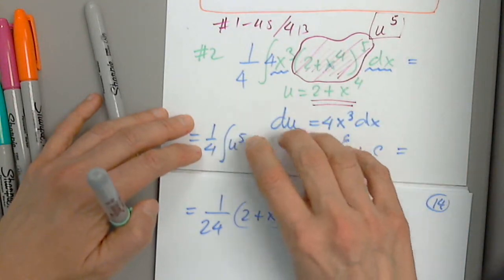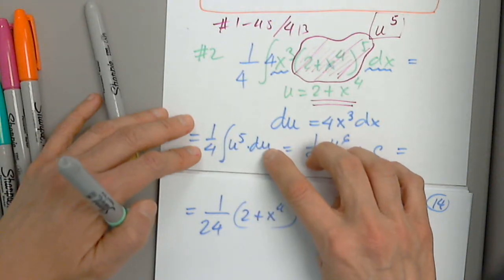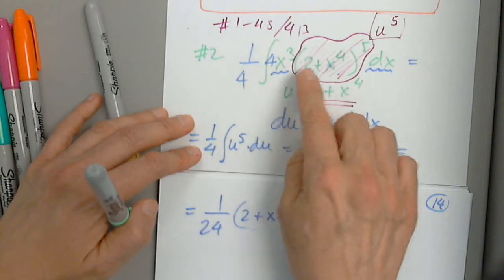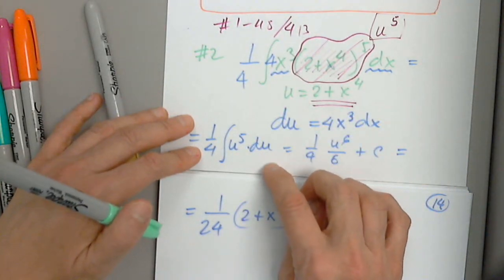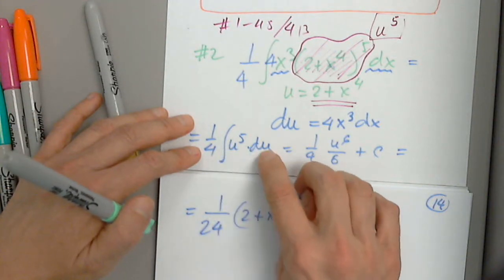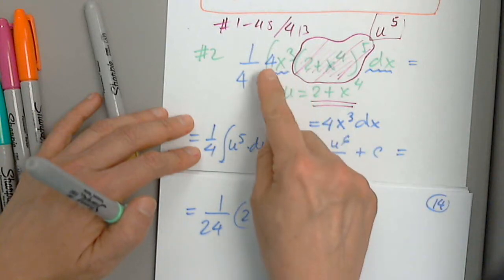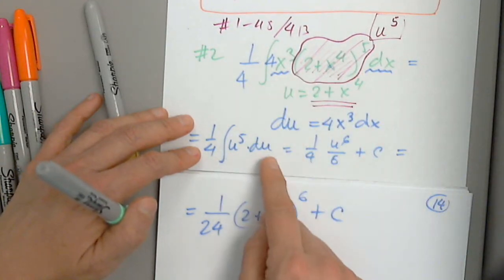I cannot have an integral without the symbol, without the function, and without du. So once this changed into u to the 5th, then I'm trying to figure out what do I change this into, because I cannot have u and x in the same problem. Since the integral in u will not exist without du, I need to have du. And du is exactly what is the remainder. The remaining factors are du.